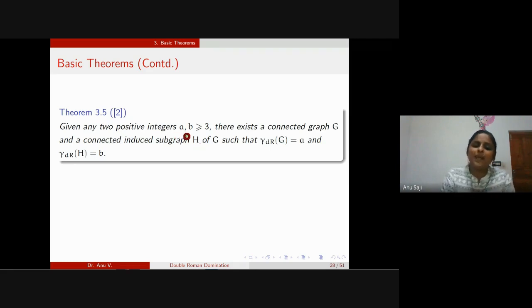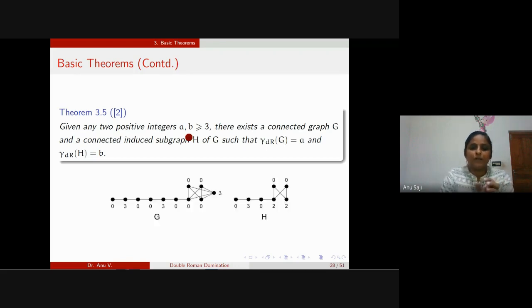If both a and b are multiples of 3, then we can take the path on n vertices where n is a multiple of 3. In this case, the graph G has double Roman domination number a multiple of 3, and we have to get a subgraph for which the double Roman domination number is a multiple of 3 plus 2.